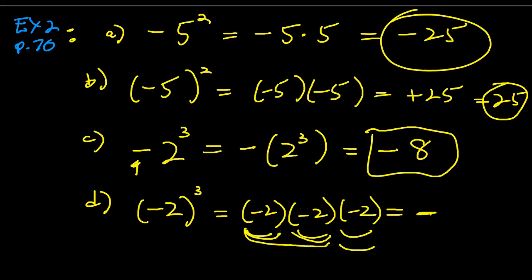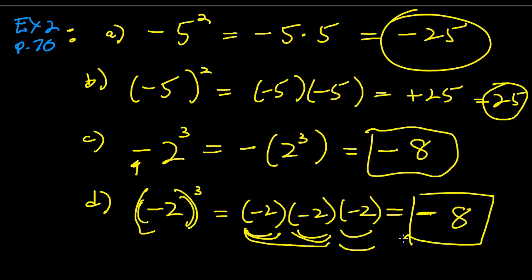So minus 2, in parentheses, raised to the third power turns into a negative 8. So notice in parts C and D that you do get the same return whether the negative is in or outside of the parentheses. Okay?